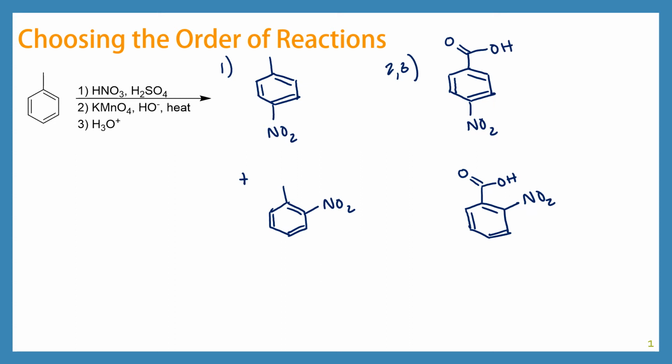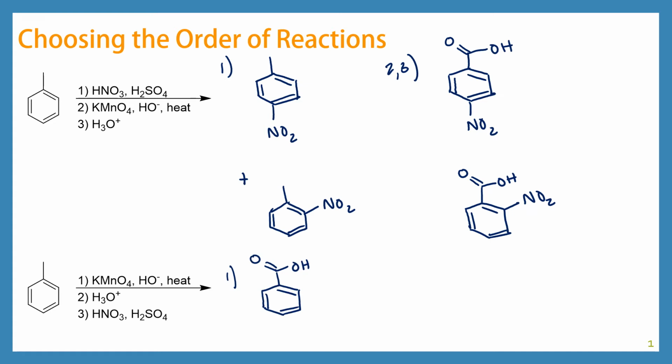But what if what we wanted to synthesize was the meta product, meta-nitrobenzoic acid? This would just take a flip-flopping of the reagents. So if we start off with the oxidation, after step 1, we'll have benzoic acid. Benzoic acid is going to be a meta-director because of the partial positive charge on the carbonyl carbon, and is also going to be slightly deactivating.